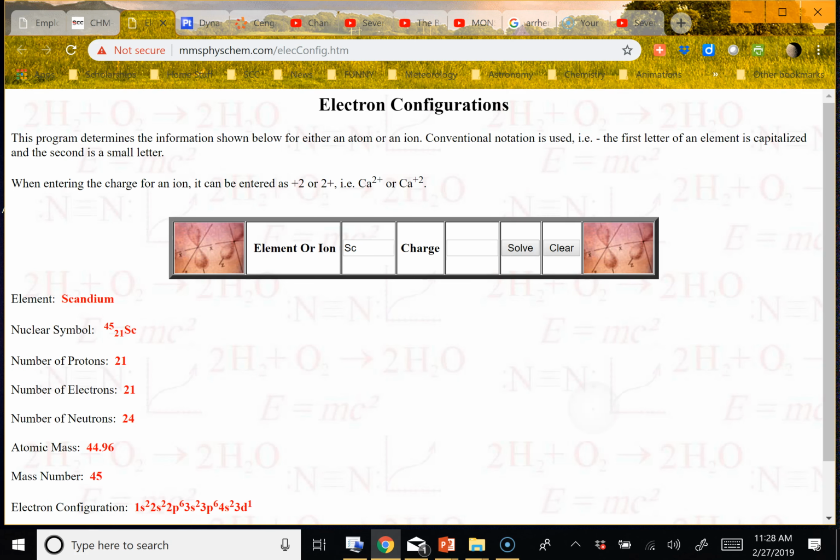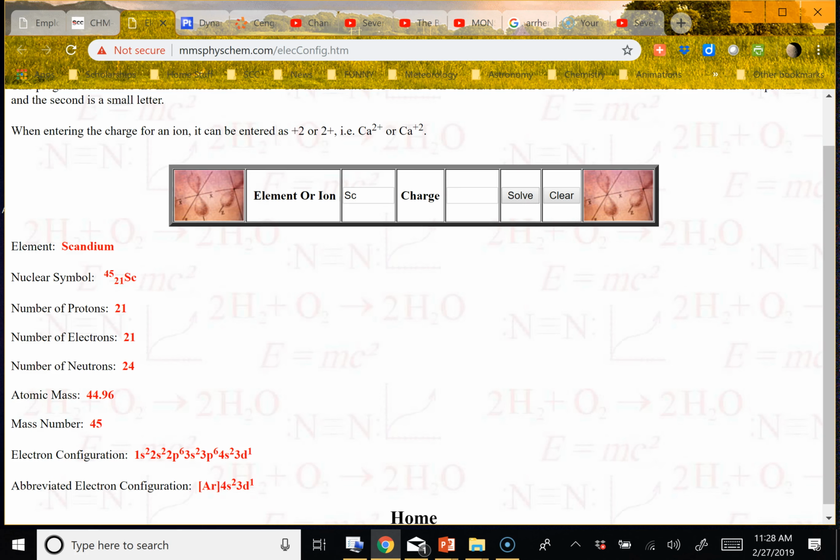Down below here, it's giving me all this information about scandium, including the most common mass number, but it's giving me all sorts of good information, including the electron configuration that we've been talking about. And this one's kind of fun. We'll be talking a little bit about how electrons are configured for ions, if something gains electrons or loses electrons. And in this solver calculator, you can go ahead and put that in. So it's fun.